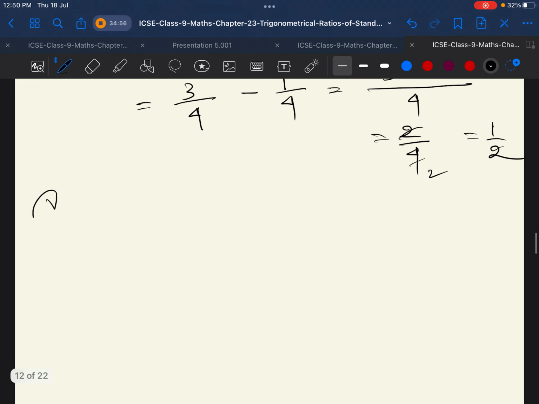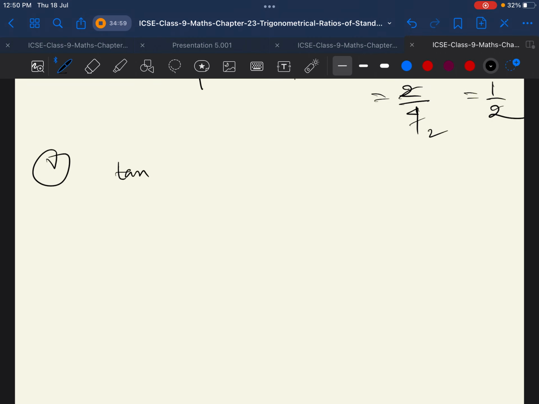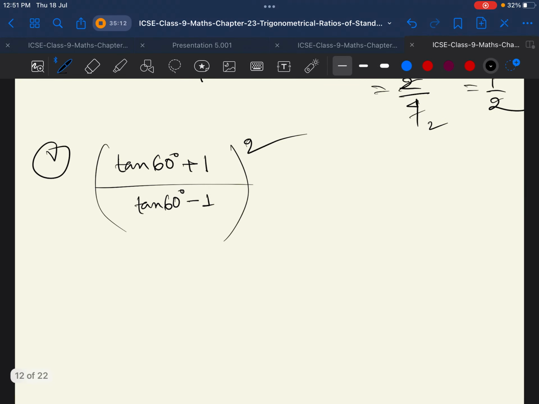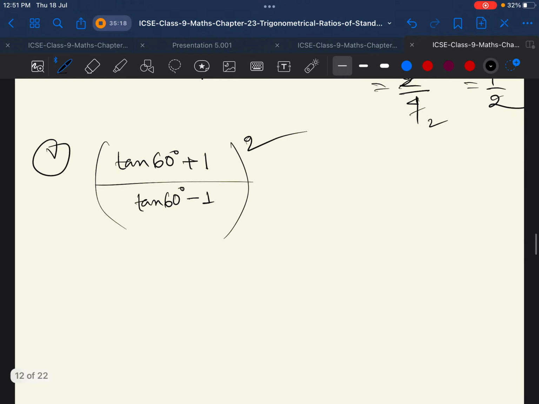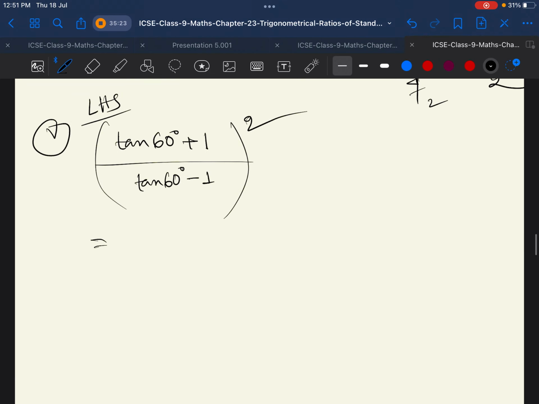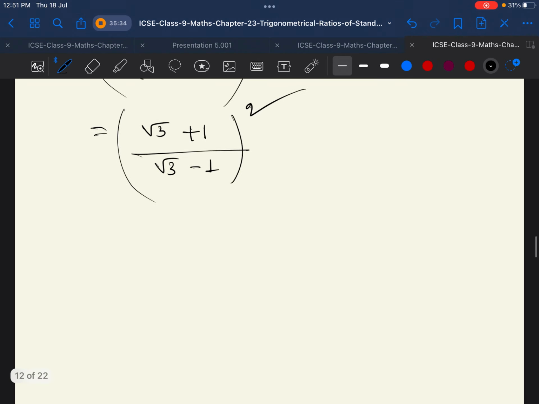Okay. Now question number 5. tan 60 plus 1 by tan 60 minus 1 whole square. We have to prove this term will be 1 plus cos 30 degree by 1 minus cos 30 degree. Okay, so this is left hand side. Tan 60 we know is root 3, so root 3 plus 1 by root 3 minus 1 whole square.